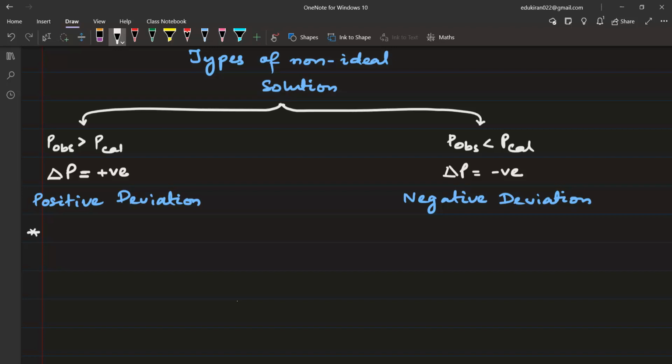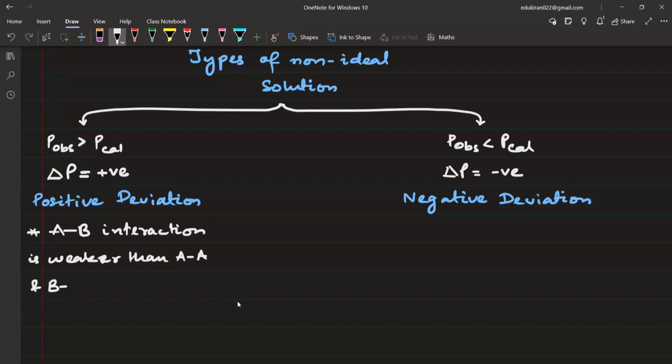That means A and B will have weaker interaction. So what I can say is that AB interaction is weaker than AA and BB interaction.